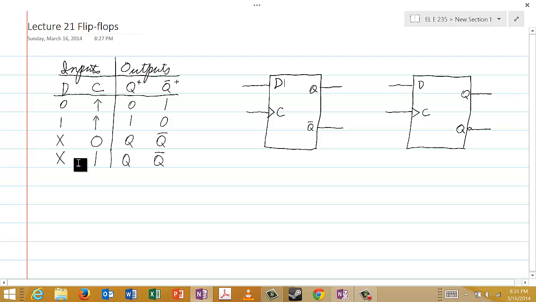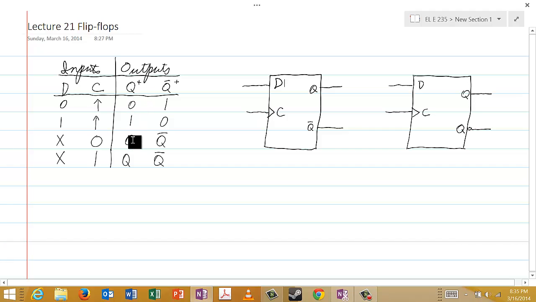And what the last two lines in this input-output table say is that if C is constant and equal to 0, it doesn't matter what we do with D. We can switch the D input back and forth as many times as we wish. As long as C stays at 0, nothing will happen on the output.